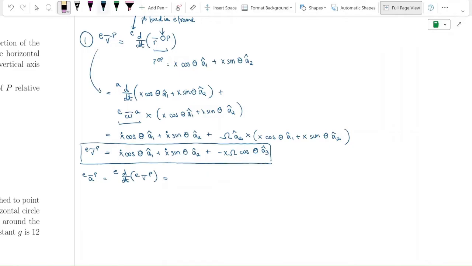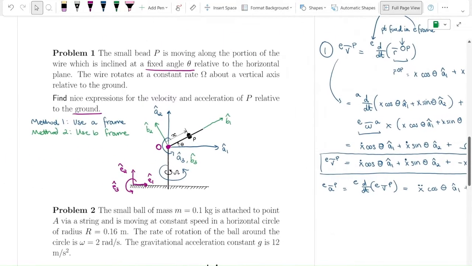So what is that? That is equal to x double dot cosine theta, since theta is constant, that cosine theta becomes a constant, plus x double dot sine theta, same thing with sine theta, minus x dot omega cosine theta. From the problem statement, omega is constant.